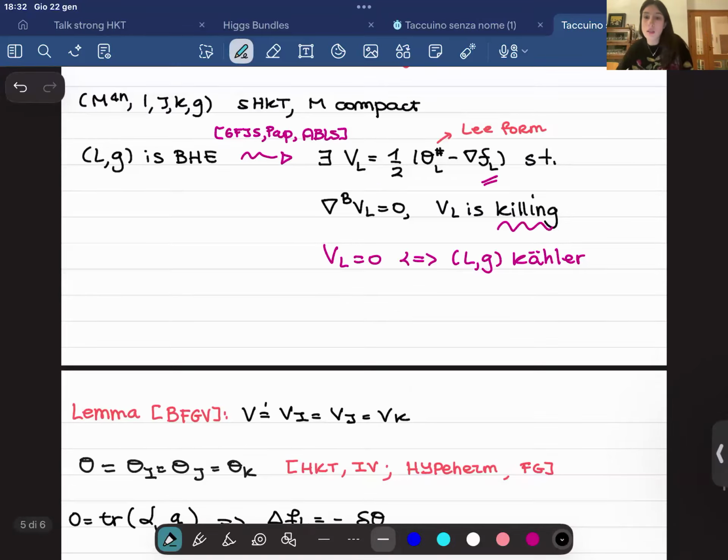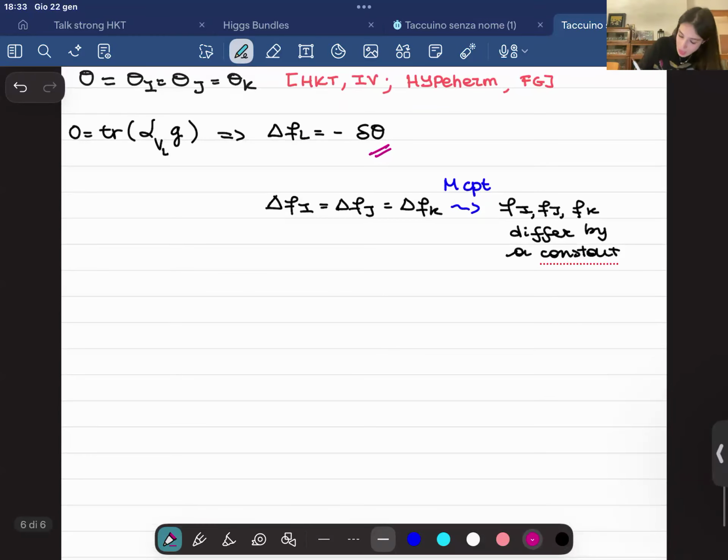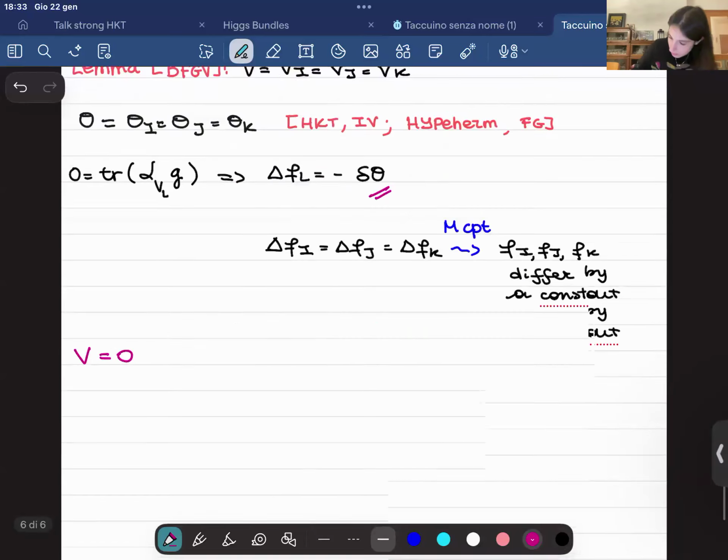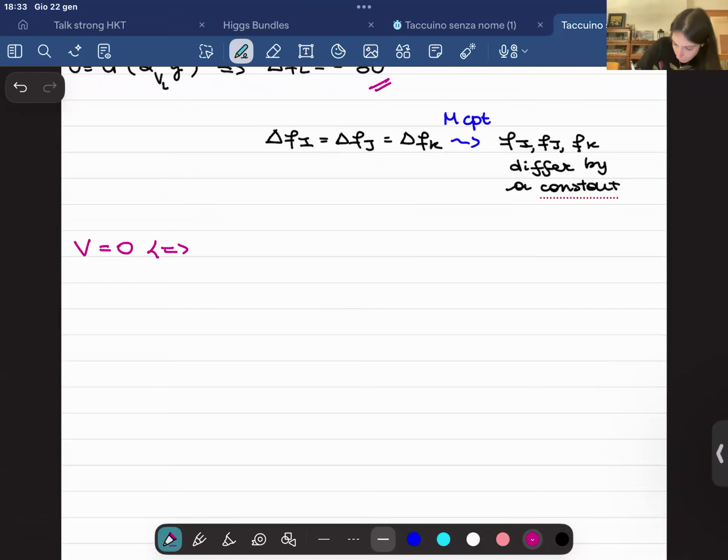And so as you may see, the expression of the three vector fields is the same. And of course, I have that V is equal to 0 if and only if my structure is hyperkähler, so if and only if (I,J,K,g) is hyperkähler.